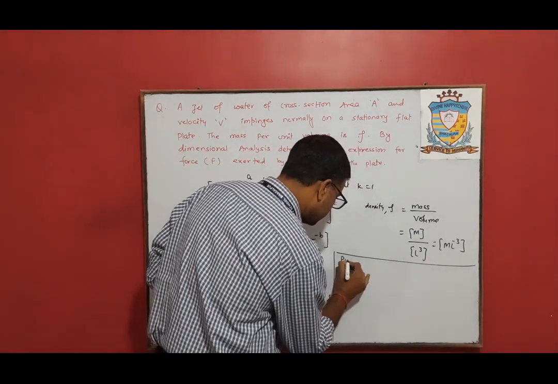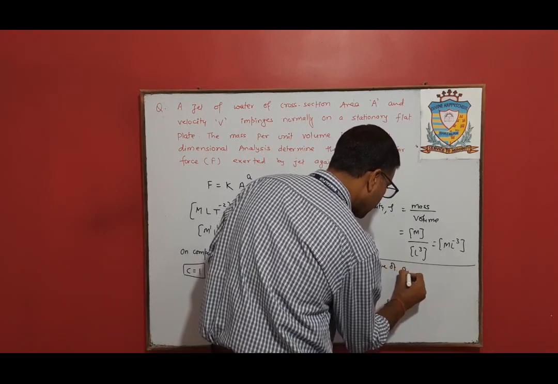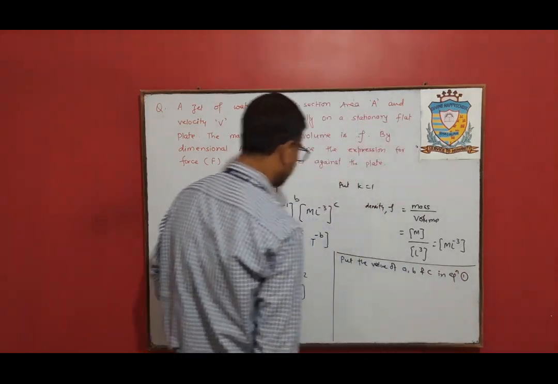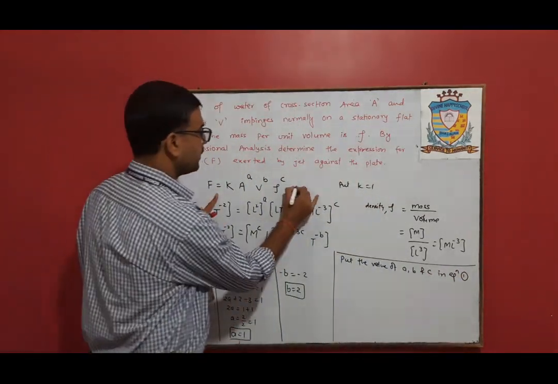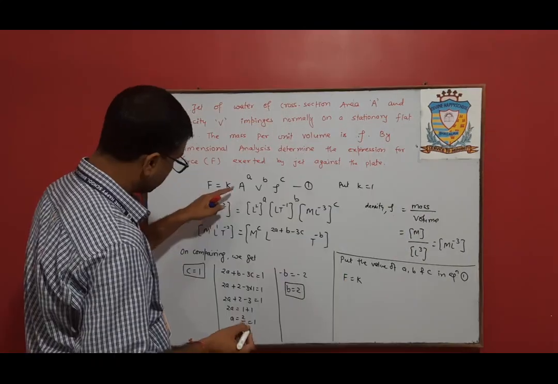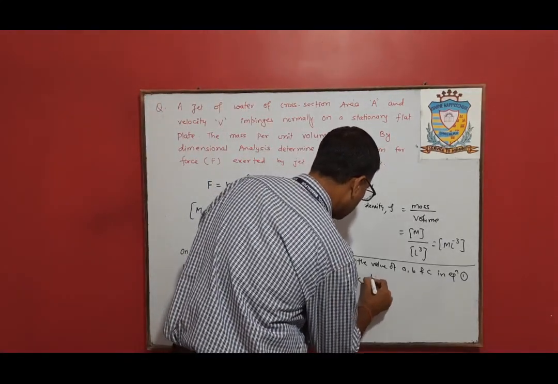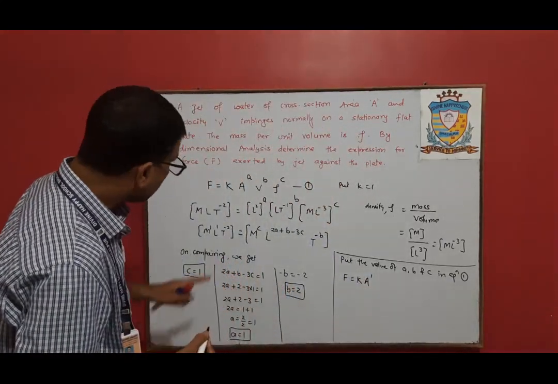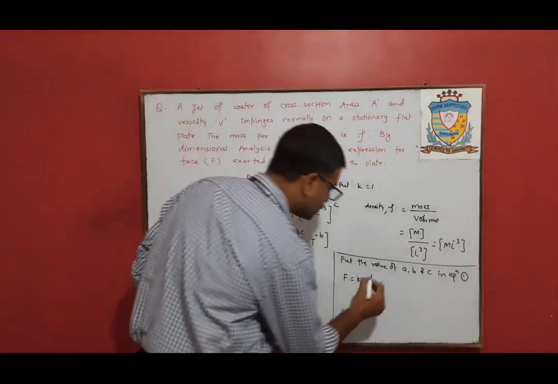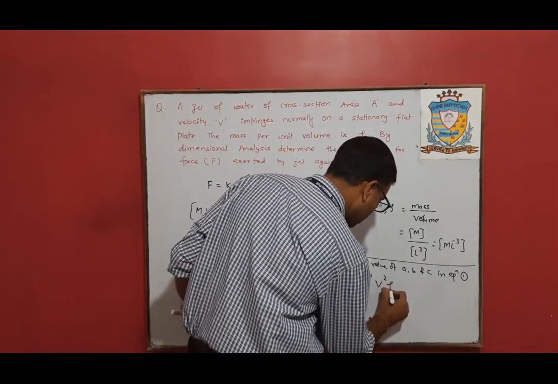Now put the values of a, b and c in equation 1. In equation 1, we get F is equal to K, the value of small a is 1, so A1, V raised to the power b, the value of b is 2, and rho to the power c, so rho 1.